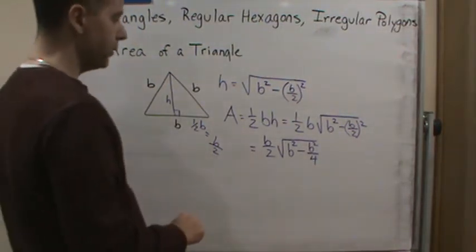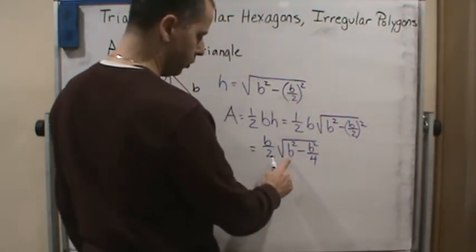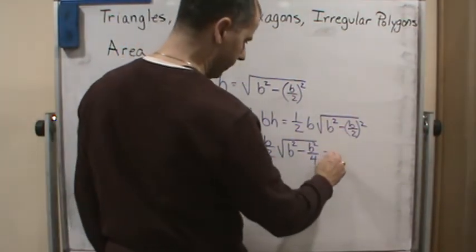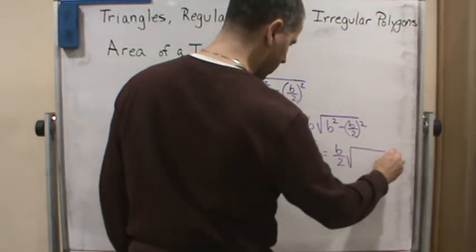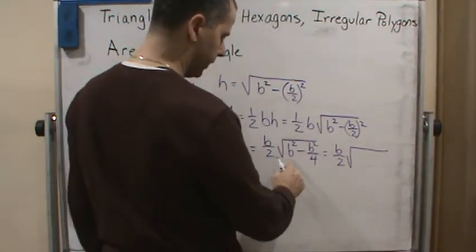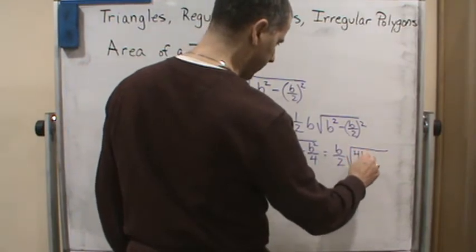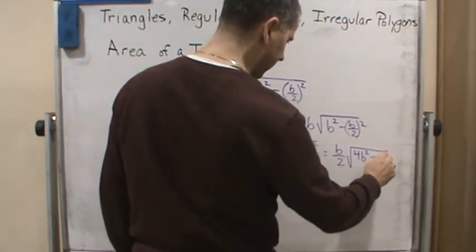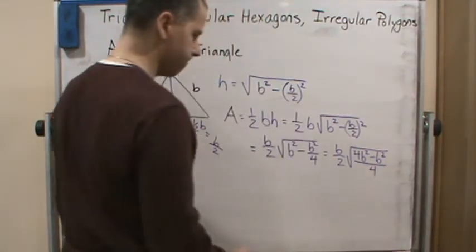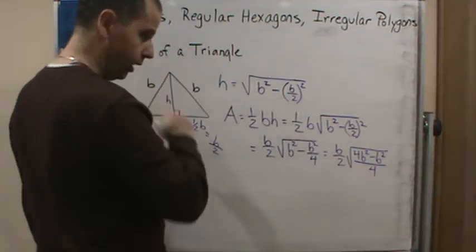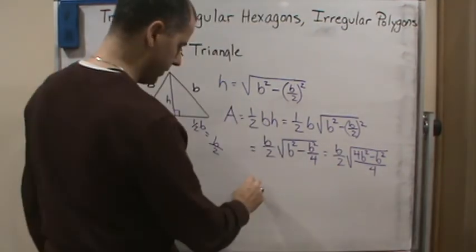Okay, good. So now I'm going to put this over a common denominator. So this is going to be b over 2 times the square root of what? Well, this becomes 4b squared minus b squared all over 4. All right.